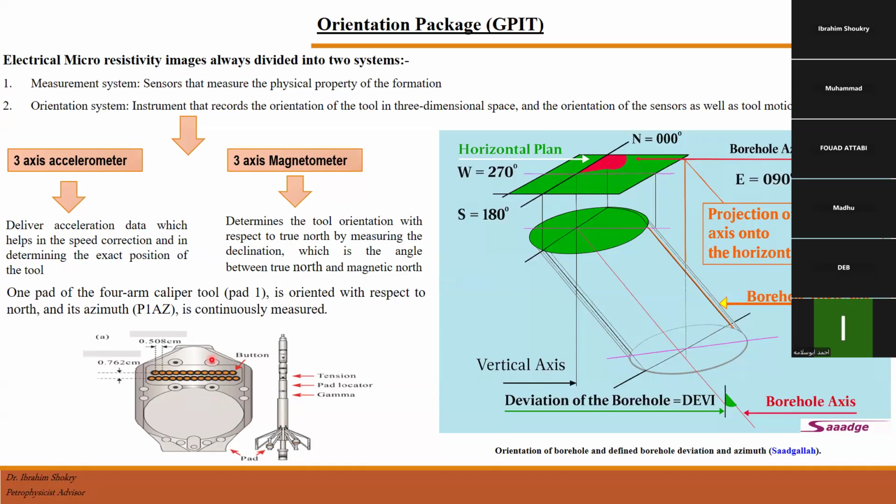So the image tool has two segments: the first segment is the measurement system, while the second segment is the orientation system.